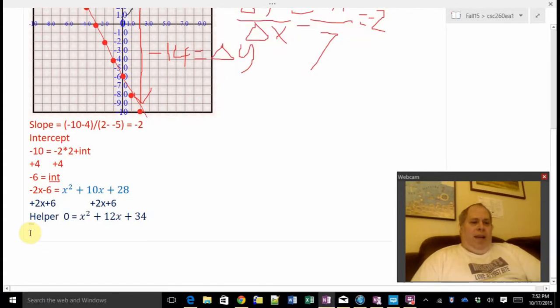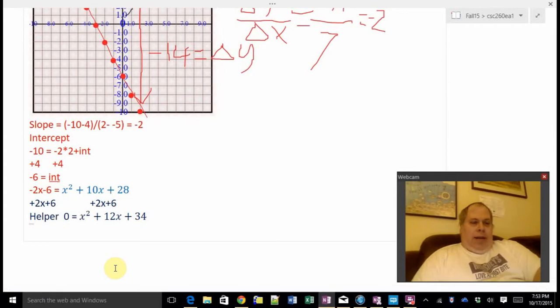Now, if the helper is x squared plus 12x plus 34, the x's that make this 0 will make these two equal and will be x's of the intersection, not y's. We'll need to get y's later.